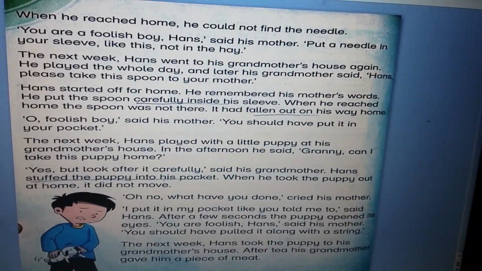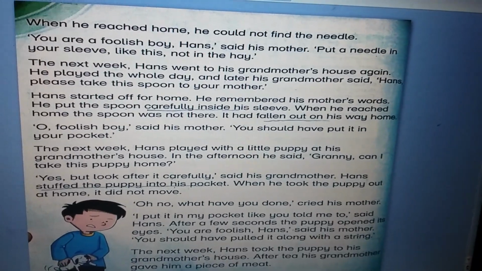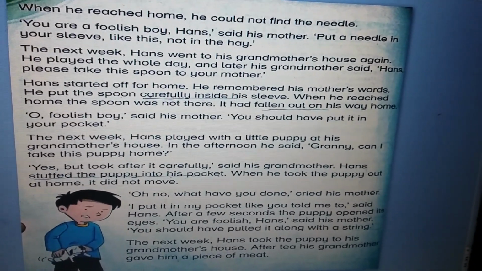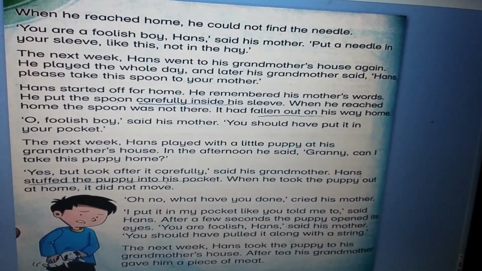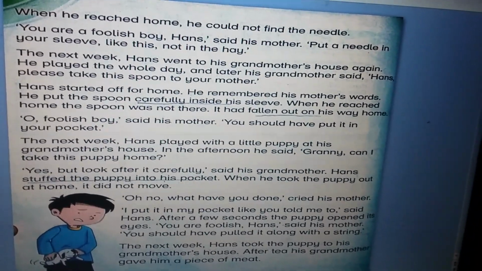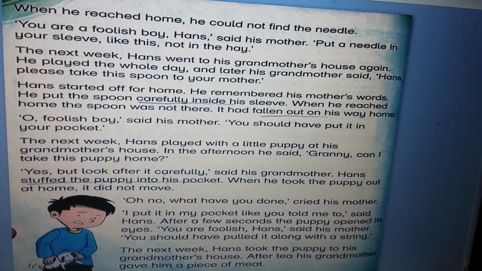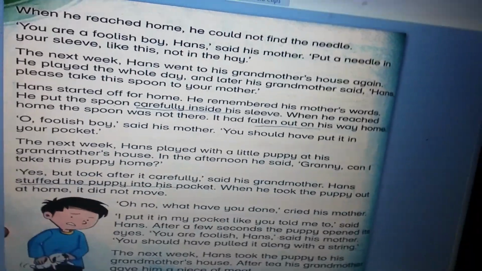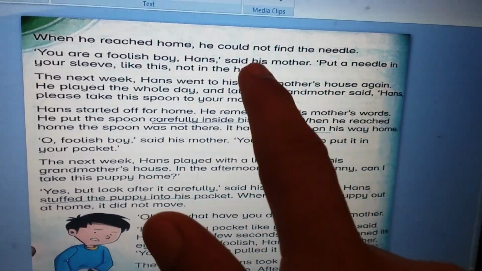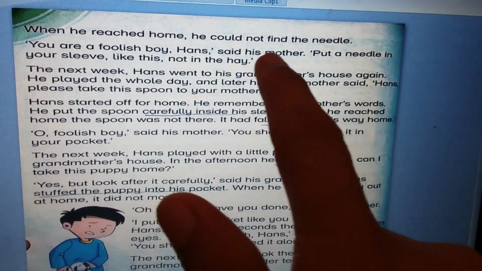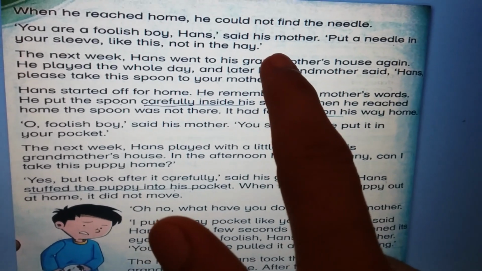When he reached home, he could not find the needle. You are a foolish boy, Hans, said his mother. Put the needle in your sleeve like this, not in the hay. What happened? When he reached home, he tried to find the needle in the hay, but all in vain.